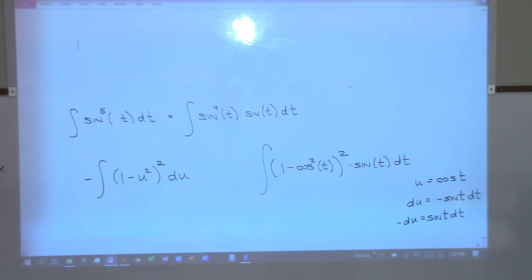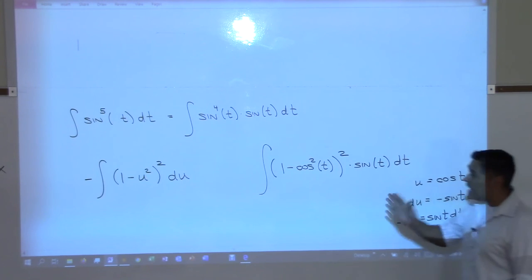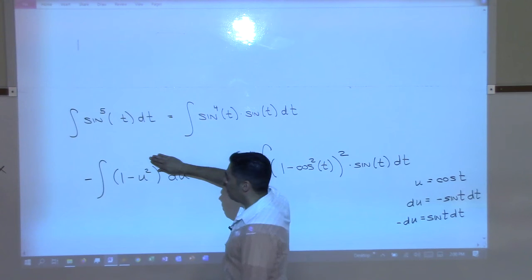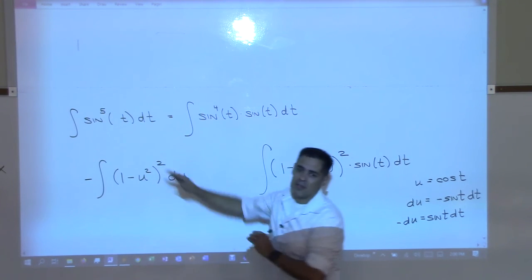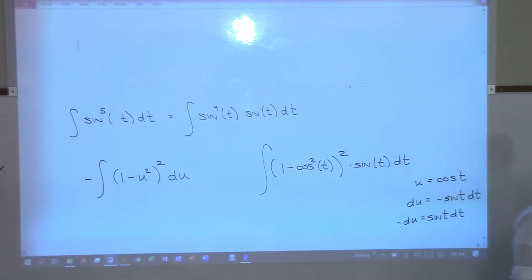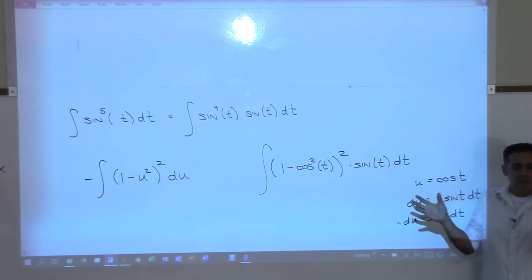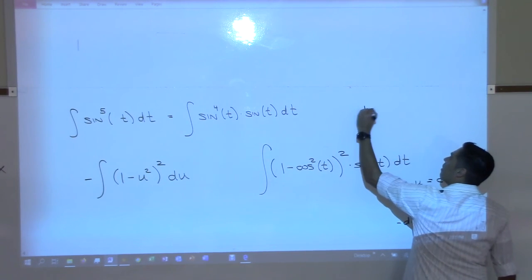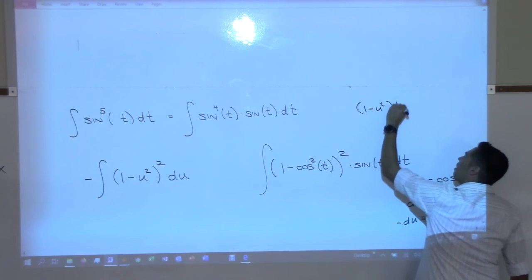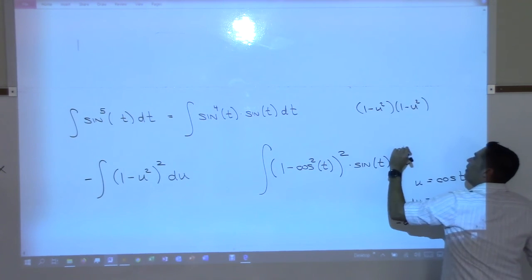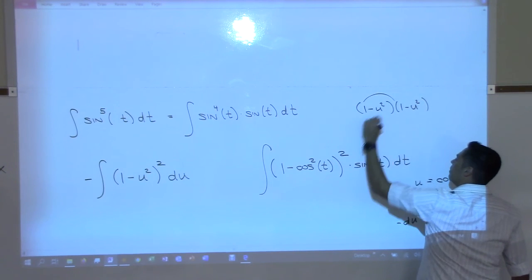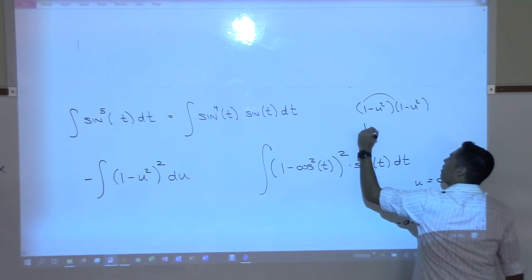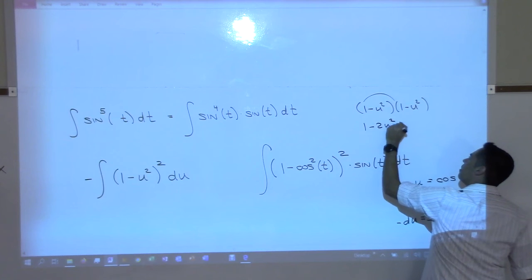Okay, now we have to integrate that. Now in the last problem, because this squared wasn't here, we just did them term by term, right? But the squared's there this time. And so that changes things. You can't just do them individually. What could you do though? Just expand it out, like FOIL it out. Okay, so if you did 1 minus u squared times itself, 1 minus u squared, then you get 1 minus 2u squared plus u to the 4th.